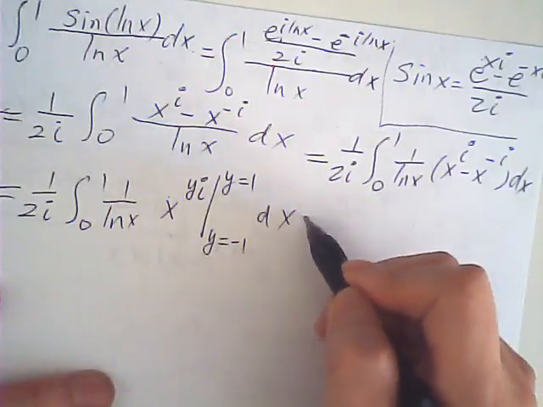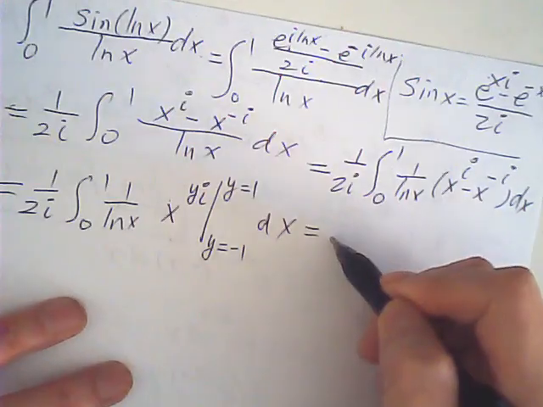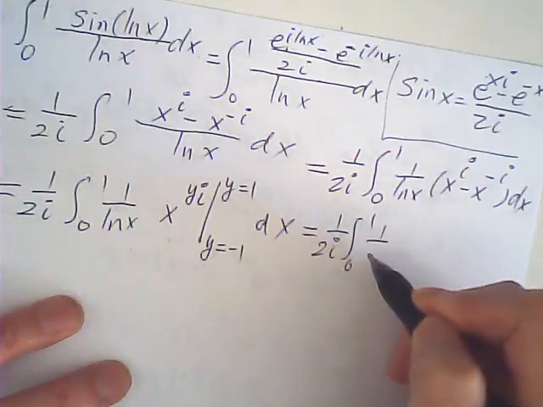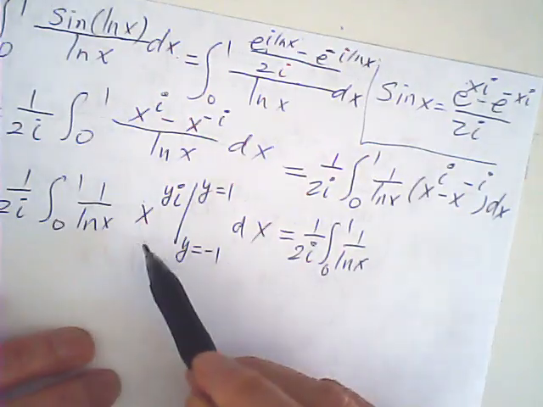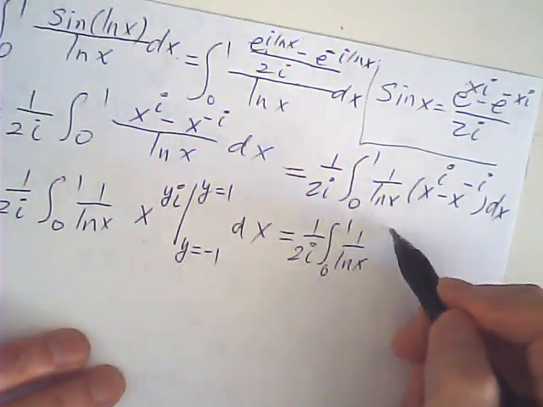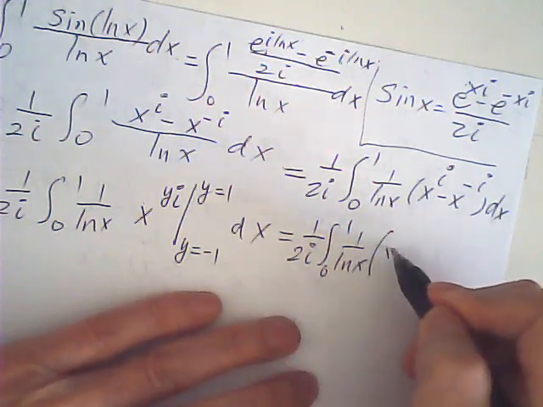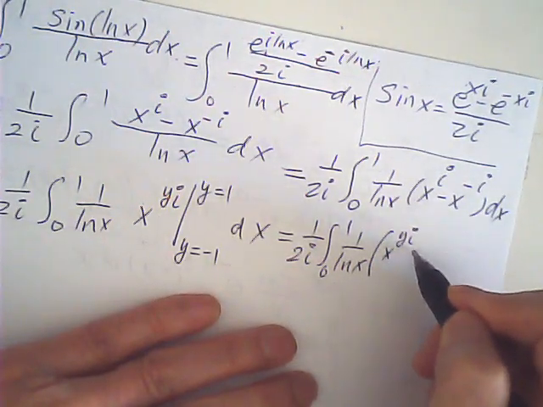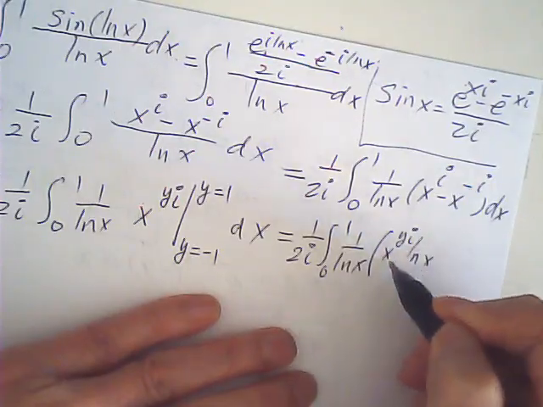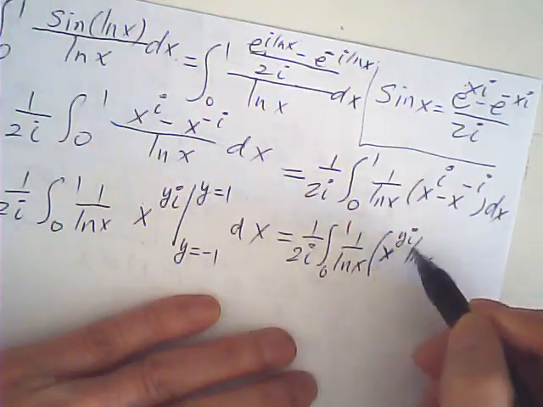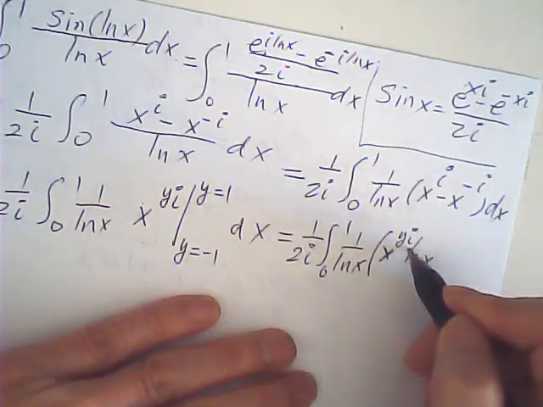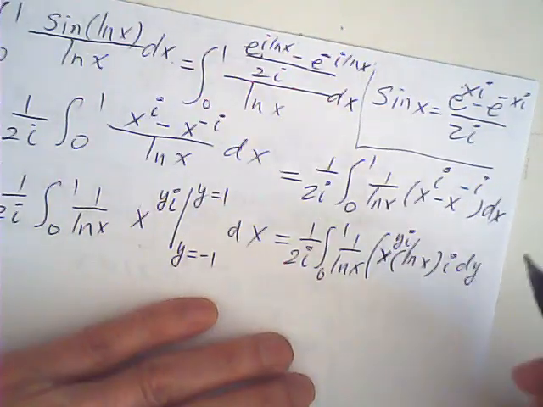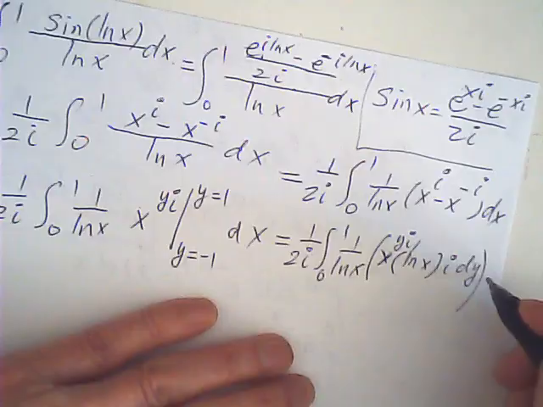So we can find that antiderivative: it is 1 over 2i, this antiderivative with respect to y is x to the yi, and the log x times the derivative of this one, which is i, then dy, then dx.